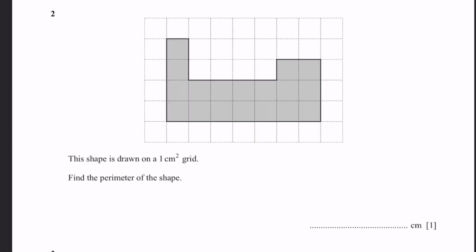Question 2. This shape is drawn on a 1 centimeter squared grid. Find the perimeter of this shape. So this side over here is 1 centimeter, then 2, 4, 1, 2, 3, 7, 4. That's all the sides of this shape. And now we just add these values. Remember, it's on a 1 centimeter squared grid, so each line is equal to 1 centimeter.